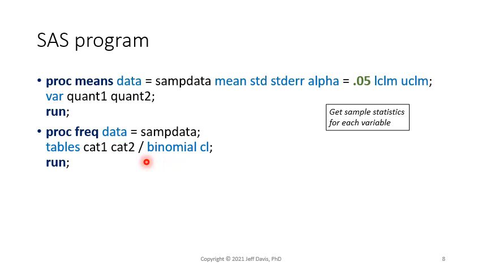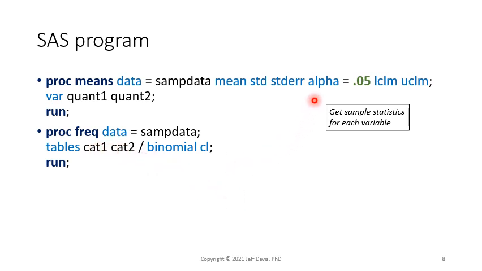So we're going to say treat it as binomial data, and that's what both categorical variables are. They only have two values, 1 and 2. And then we're saying here with CL, produce the confidence limit. So it's going to automatically give us the 95% confidence limit for each of the variables.